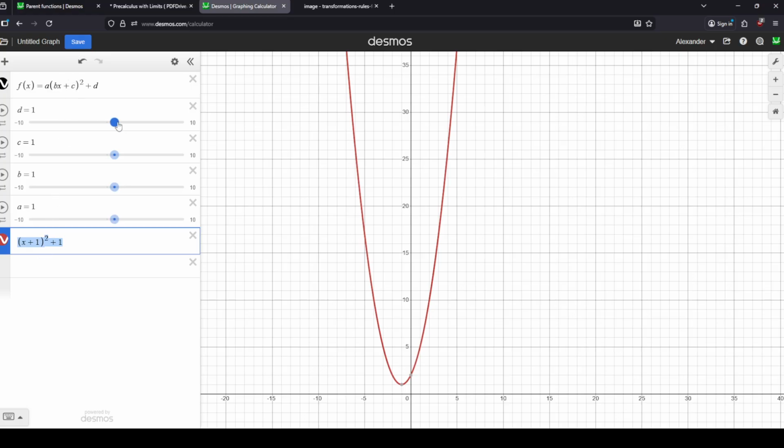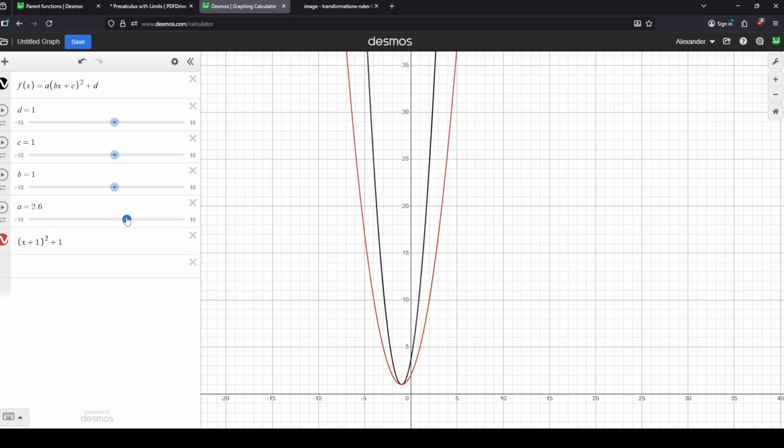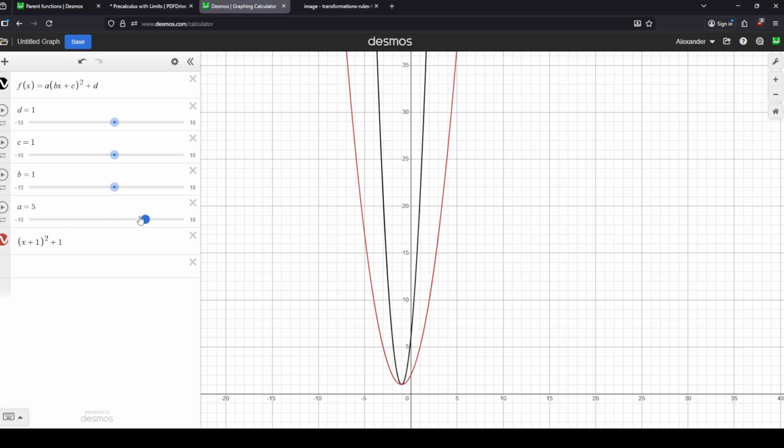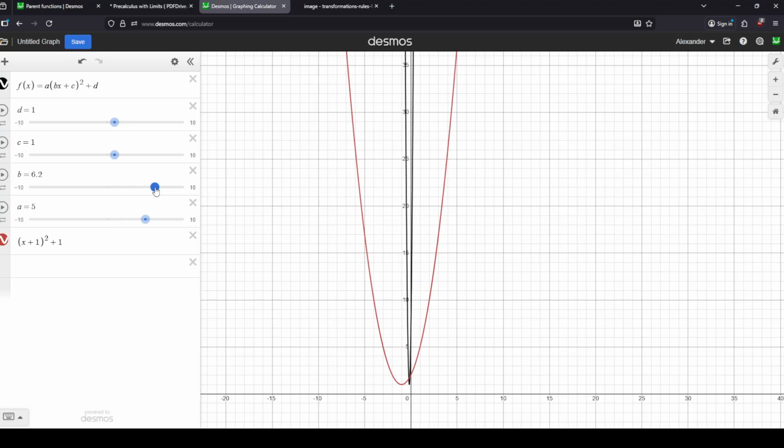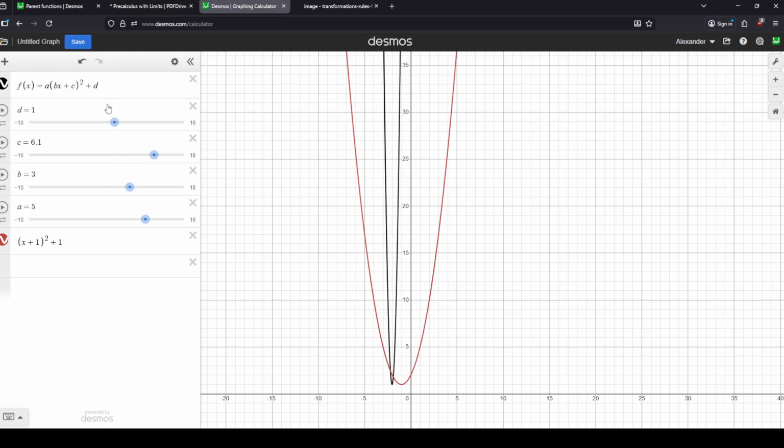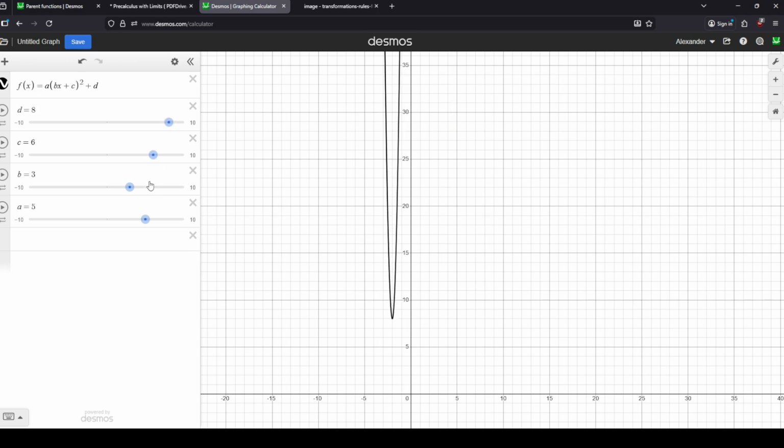If I were to replace a with, say, 5, and b with 3, and c and d with 6 and 8. Right. Now what this is doing is it's giving us this function. Again, I'm going to copy paste this.